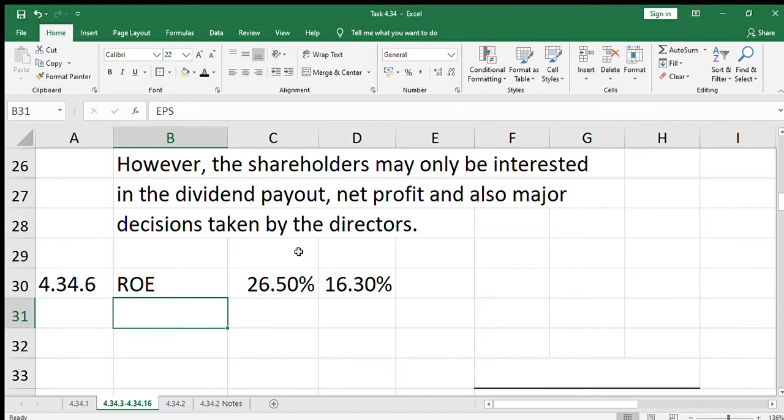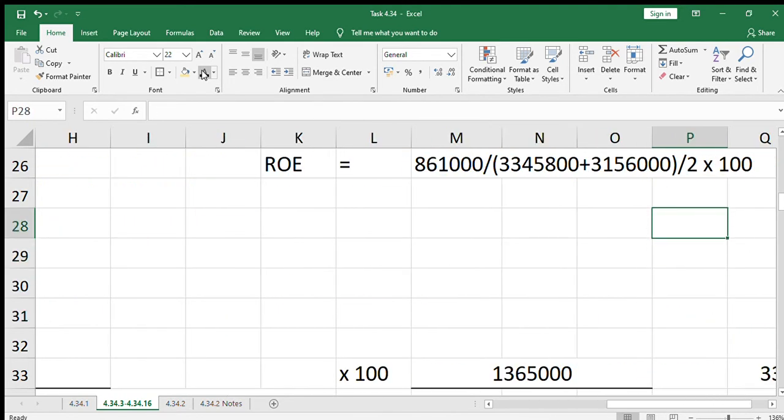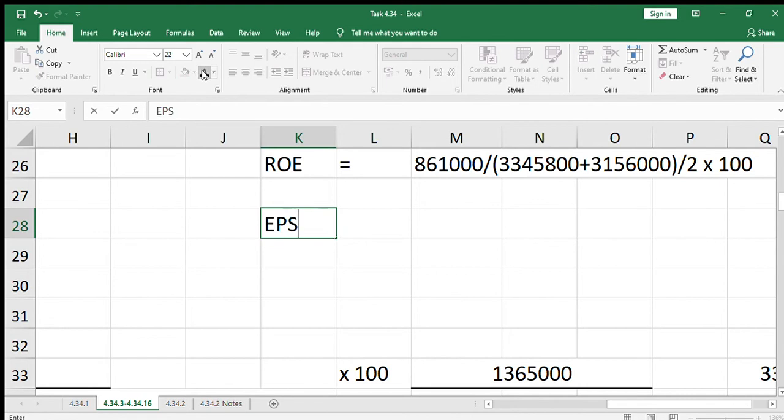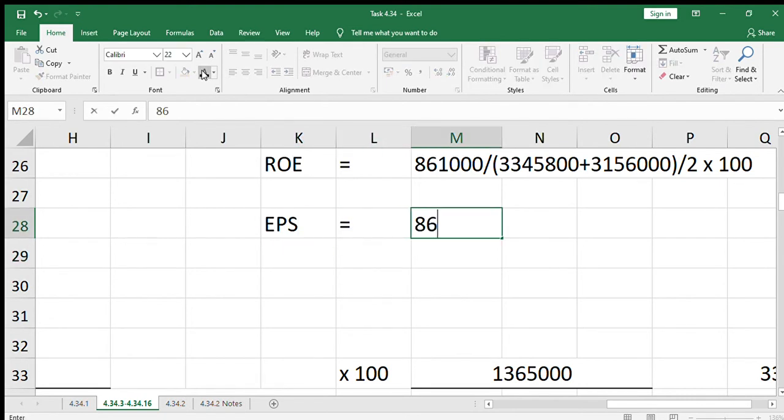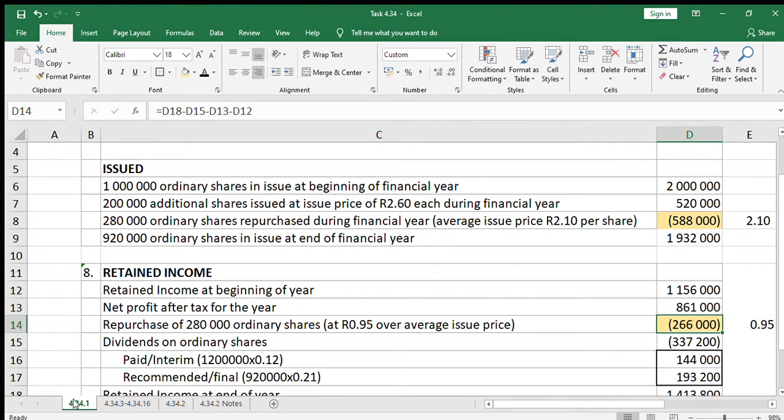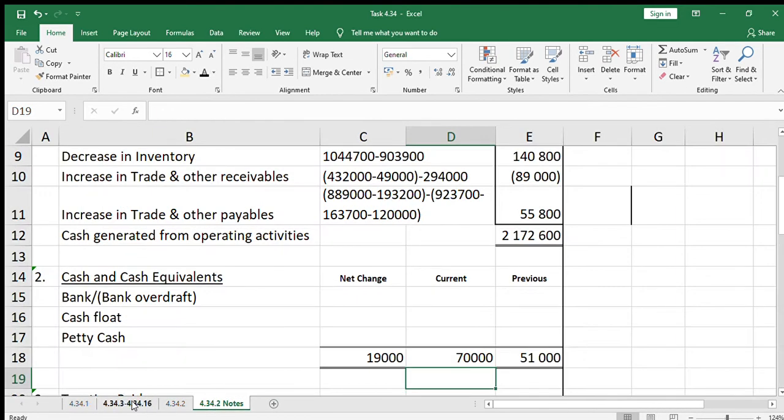The next formula we need to calculate is the earnings per share. The earnings per share was given to you at 56 cents, and we need to calculate it for the current year. For this I got an answer of 94 cents, and I'm going to show you on the side how I would have done it. The formula for earnings per share is net profit after tax, same as above, divided by the number of shares issued at the end of the year, which was 920,000 shares.